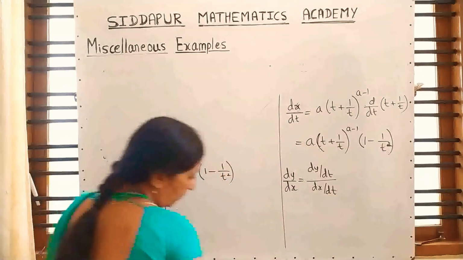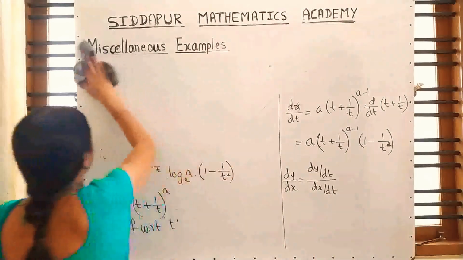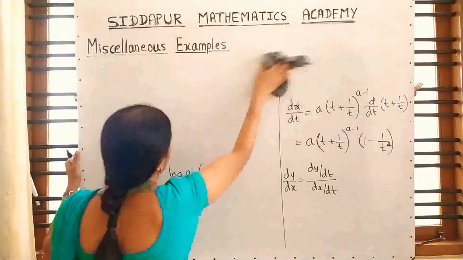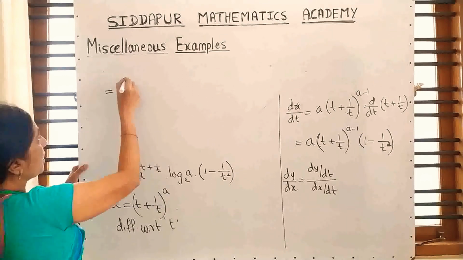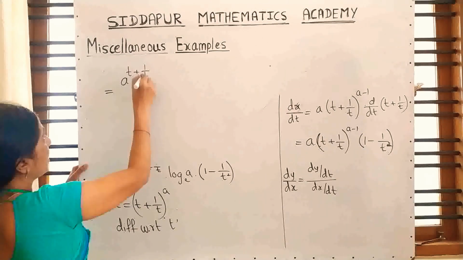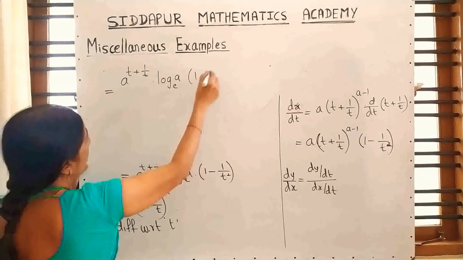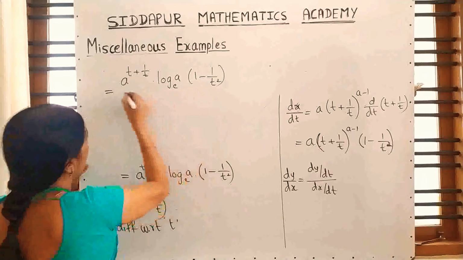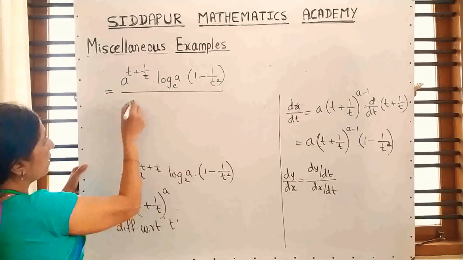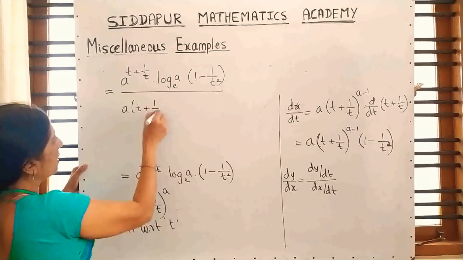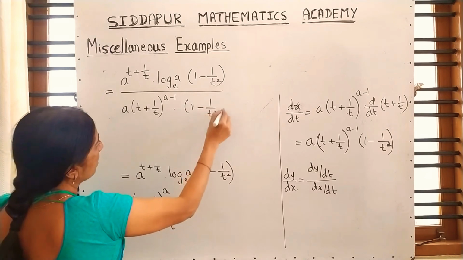Substitute the dy upon dt and dx upon dt values. dy upon dt is a raised to (t plus 1 by t) into log a to the base e in the bracket (1 minus 1 by t square), upon dx upon dt, which is a into (t plus 1 by t) raised to a minus 1 into (1 minus 1 by t square).